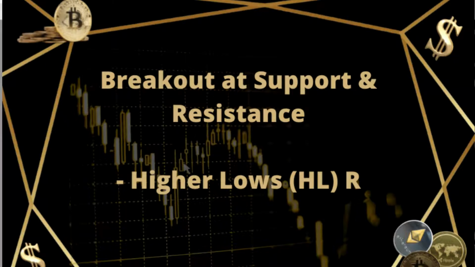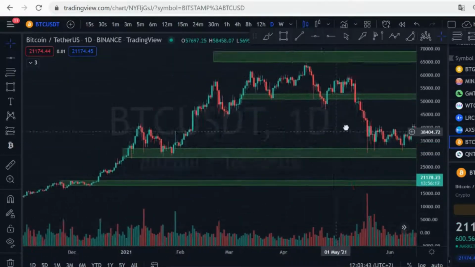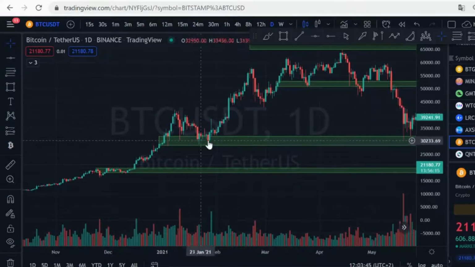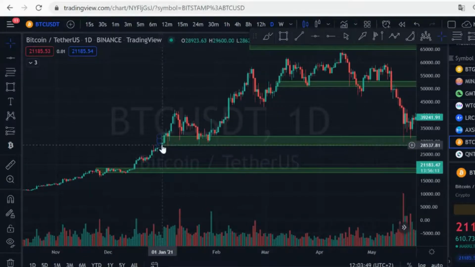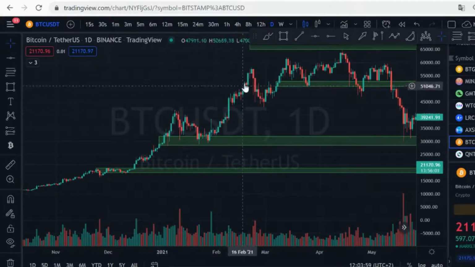The point, breakout at support and resistance. After a breakout, so from this previous resistance, so it came to this level, it broke out of it, retested, came over this previous high and made a higher high.